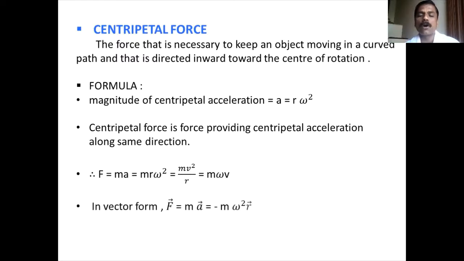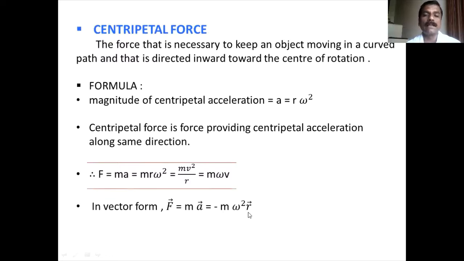In vector form also we can write this equation, f bar is equal to m a bar, which is equal to minus m omega square into r bar. We have seen this negative sign indicates that force and position vector are opposite in direction.